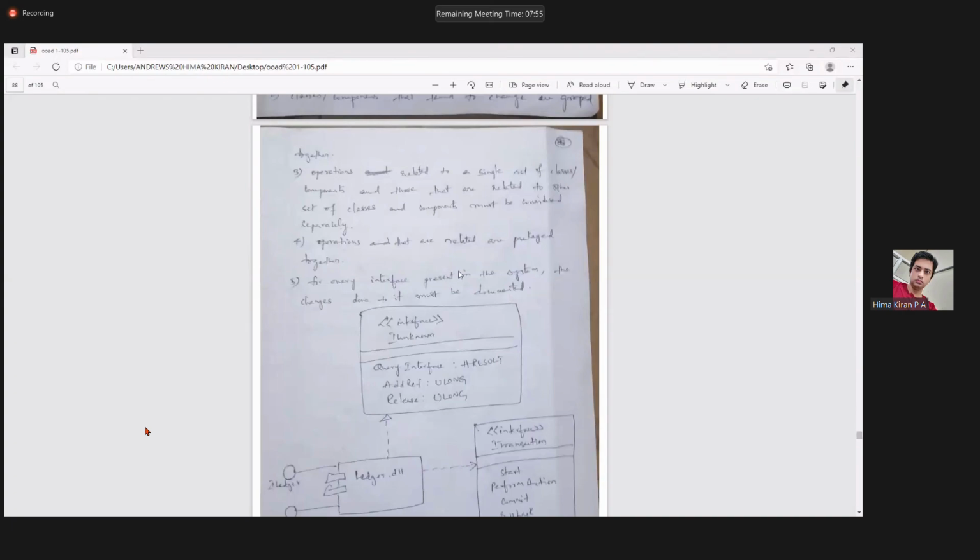Operations that are related are packaged together, in the sense we need to use stereotypes. Operations which are considered to be of a similar type are to be considered as one group, and we need to place stereotypes at the beginning of the representation. Next, for every interface present in the system, the changes done to it must be documented.